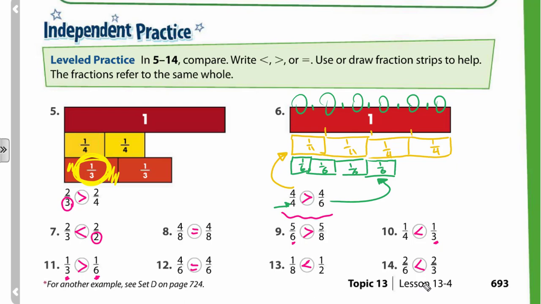The denominator for 2/6 is 6, and the denominator for 2/3 is 3. And 6 is more than 3. If the denominator is more, then the fraction is lesser. So less fraction. Excellent. I like how you explain.